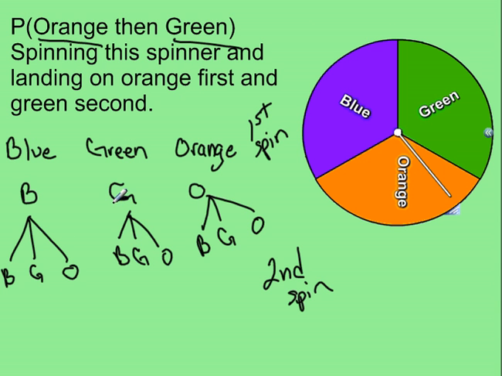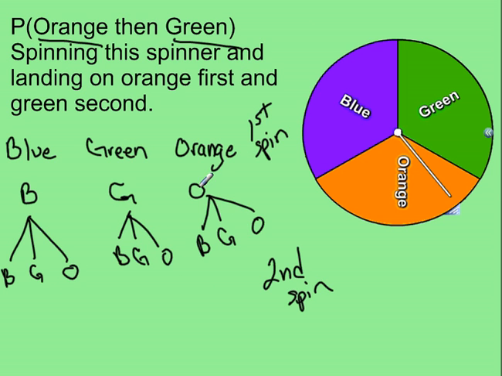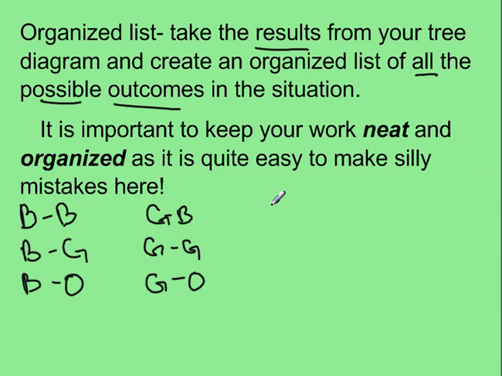I can also land on green first and get green and then blue, green and then green, or green and then orange. And lastly, I can get orange and then blue, orange and then green, or orange and then orange.